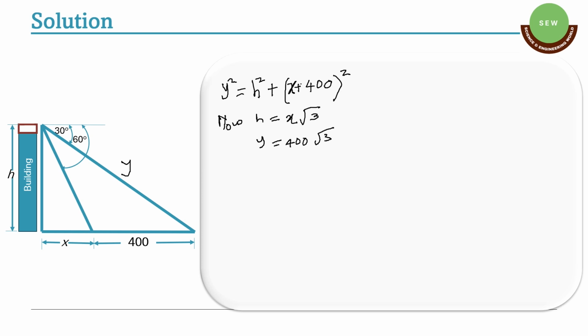So let's put these two inside this. So we can now write (400 square root of 3) squared equal to (h is x plus x square root of 3) squared plus (x plus 400) squared.